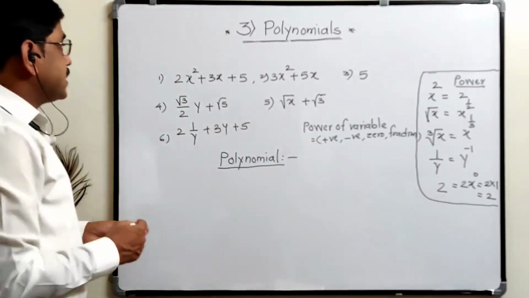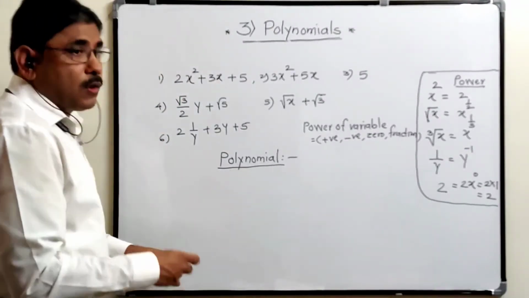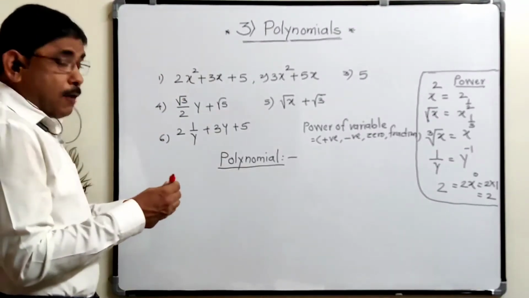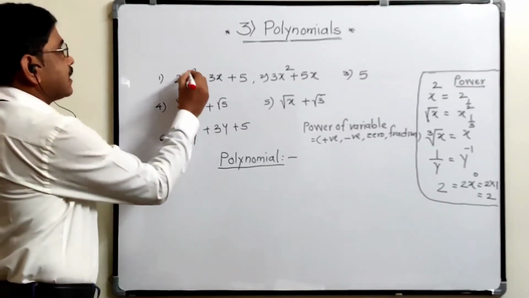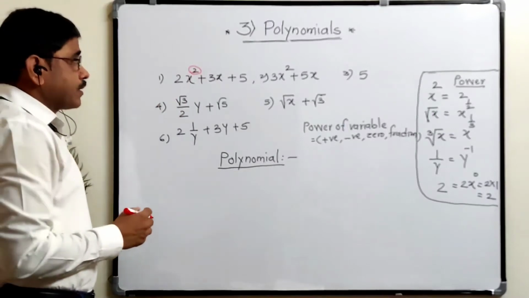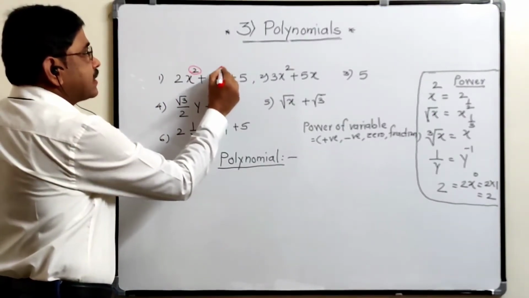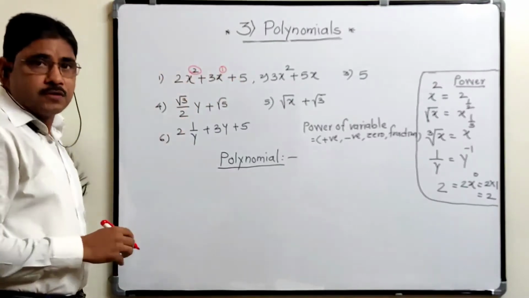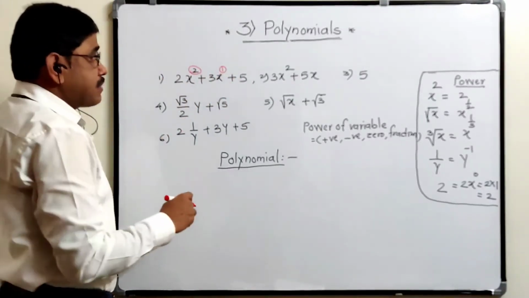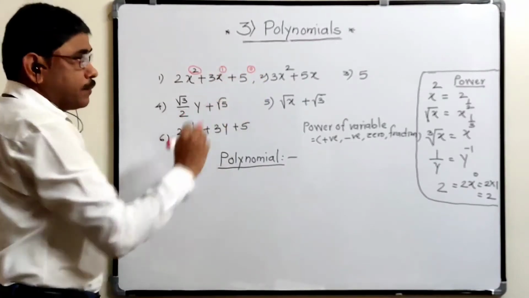So if we observe first polynomial, in first polynomial the powers of x, power of x2, it is the positive. Here x raised to 1, if no power is there, that means 1 is there, so it is also the positive number, means whole number, it is 0 here, x raised to 0.